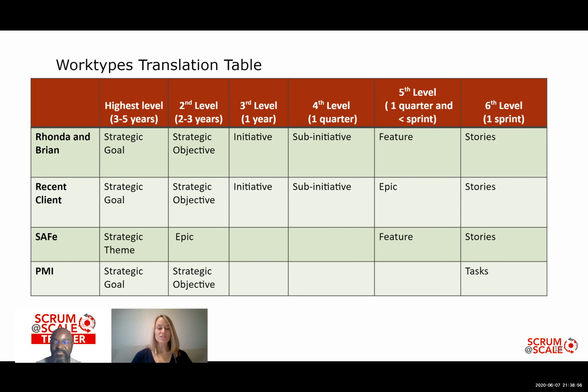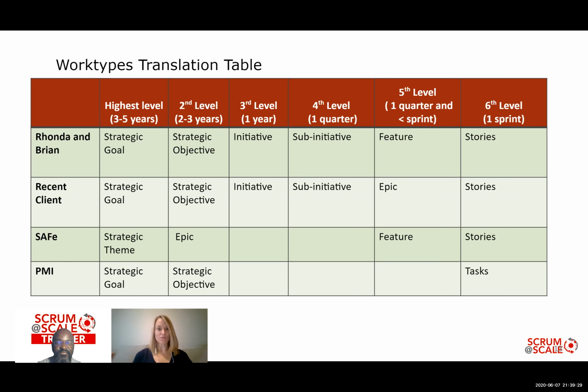Yeah, so we need to just have enough levels of the work types to be able to do a good decomposition. This could actually differ from organization to organization. If you're in an organization where there's not a lot of complexity, or even a smaller organization, you might find that you can get by with a smaller number of work types.